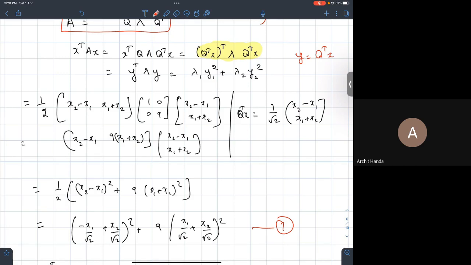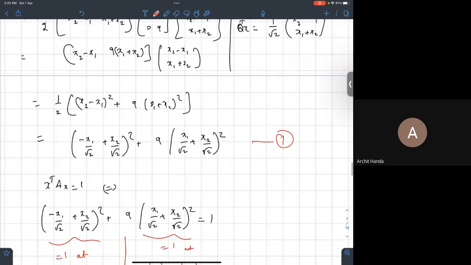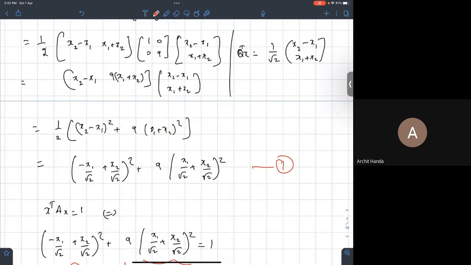If I say X transpose AX equals 1 using equation 1, then I get the equation of an ellipse. So I want you people to get up to equation 2. If you get there, you are very close. You're just one step away from understanding the geometry involving positive definite matrices.